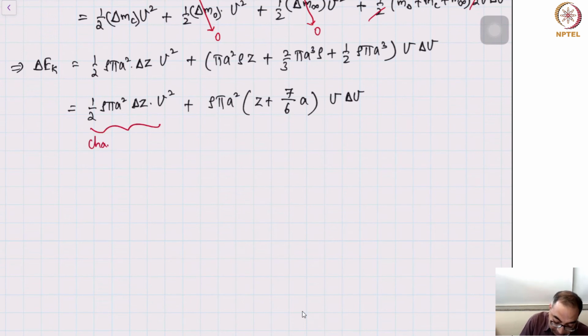This is the change in kinetic energy only due to column.